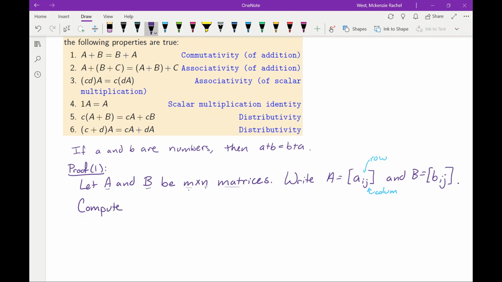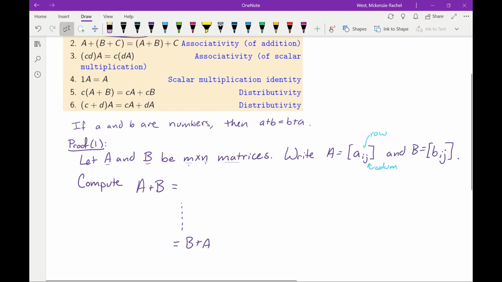So in general, when we want to do a proof with an equal sign like this, A plus B equals B plus A, you want to start on one side, say A plus B, the left side, and you want to go through a bunch of steps to get to the other side. Alright, and you want those steps to have sort of a logical relationship with one another.